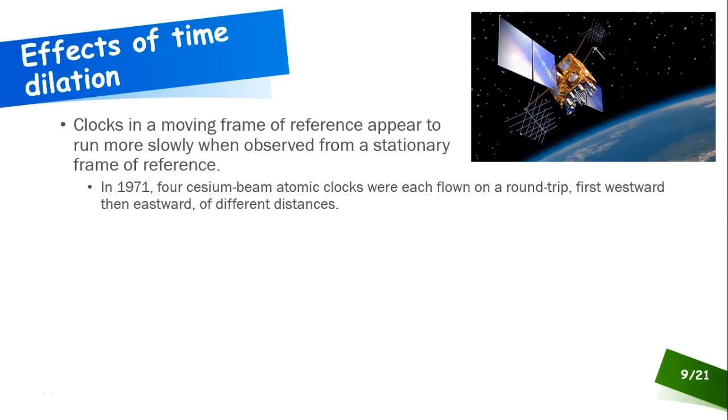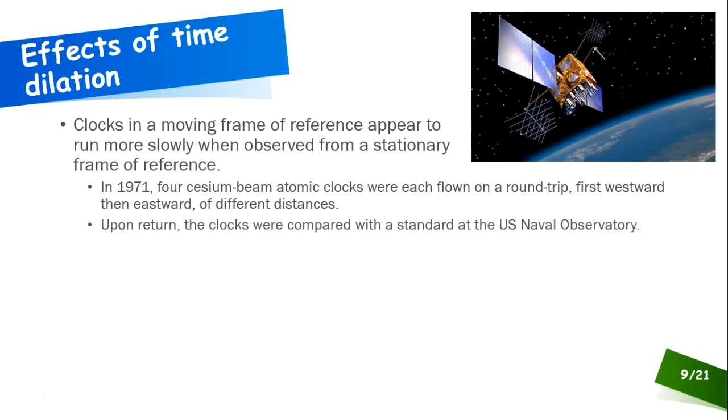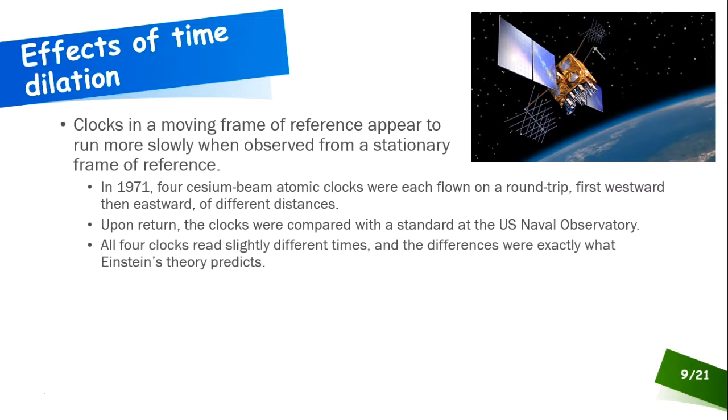And then the idea is that once these four planes bring their clocks back, okay, you take the clocks, you put them together, and you compare them with a standard at the U.S. Naval Observatory, which didn't go anywhere. So it's the stationary, it's the control. And what they found is that all four clocks were reading slightly different times.